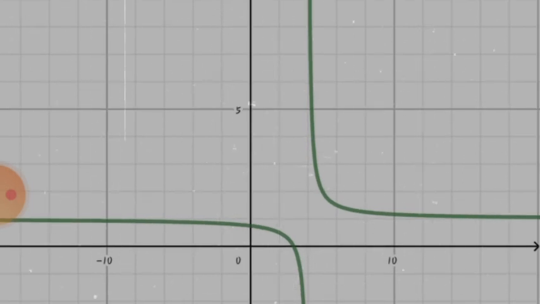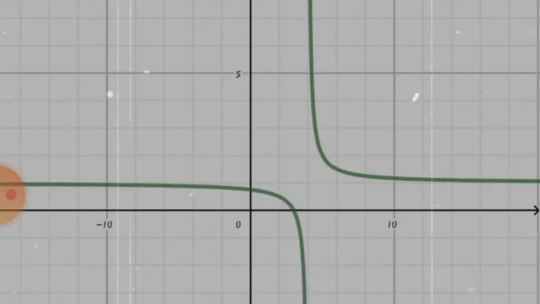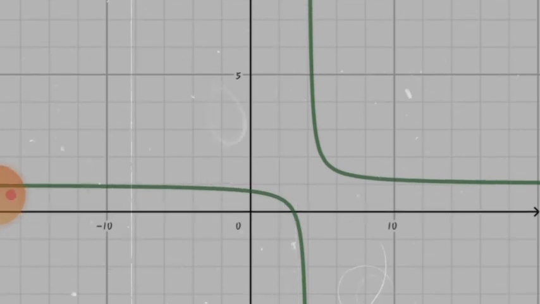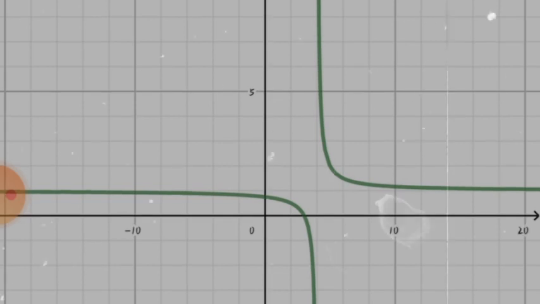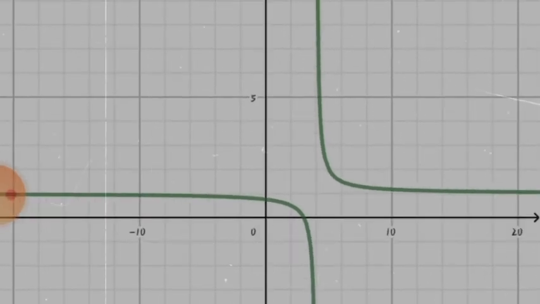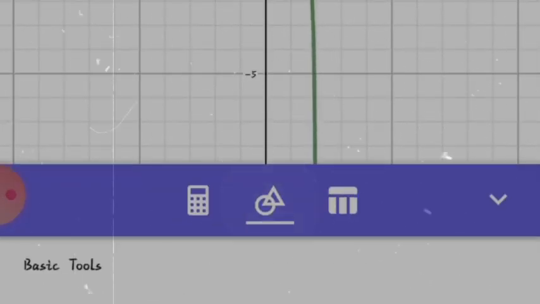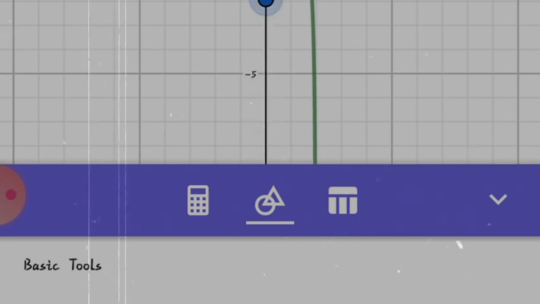Just a reminder for all of you, the vertical line here is the y-axis, and this is our x-axis, or the values of x.